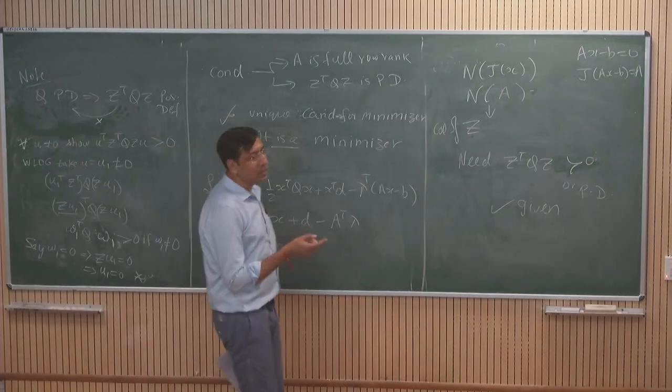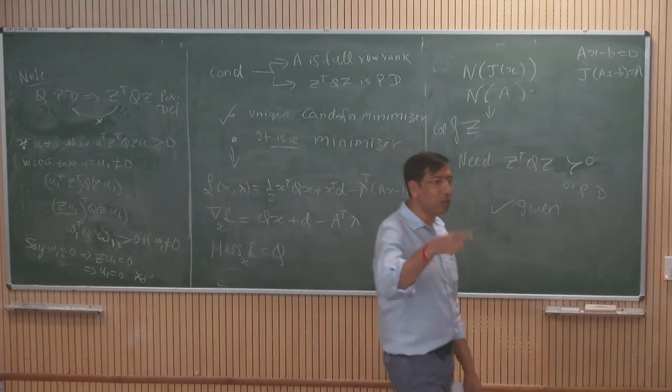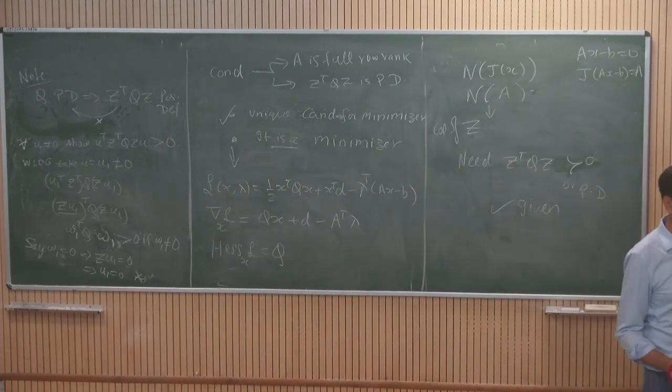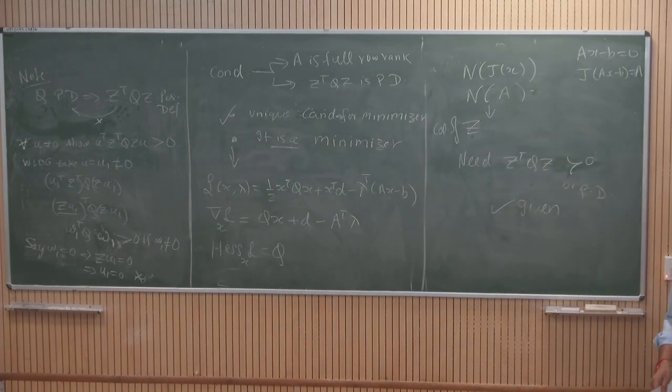So what was the condition? If you recall, the theorem said the sufficiency condition in the equality constraint case was that the Hessian of the Lagrangian should be positive definite over the null space of the Jacobian of constraints. Or if you find Z to be the matrix whose columns form the basis of the null space, Z transpose QZ should be positive definite.